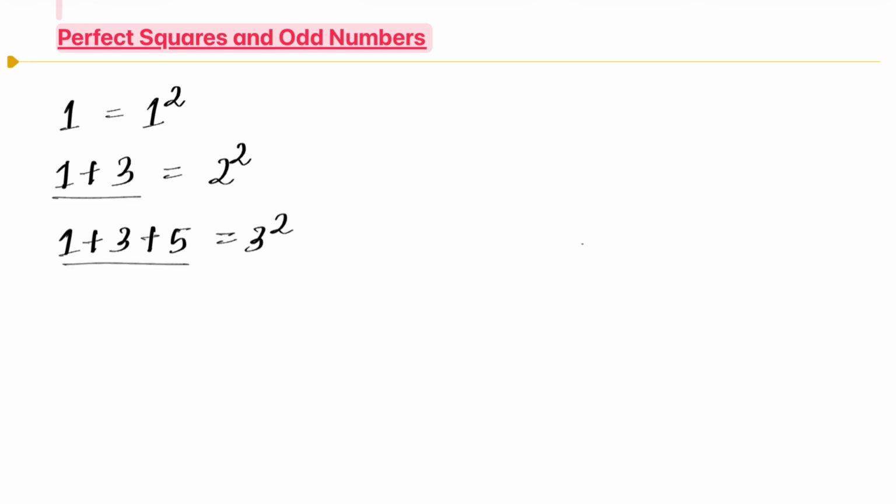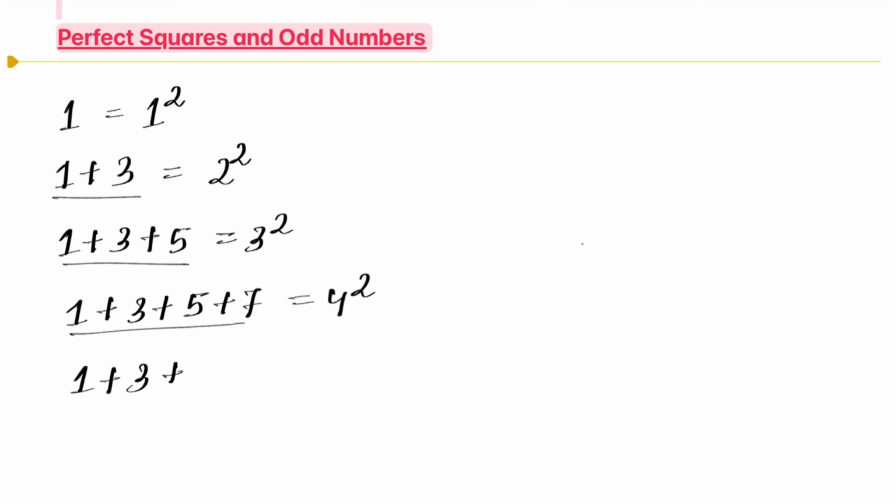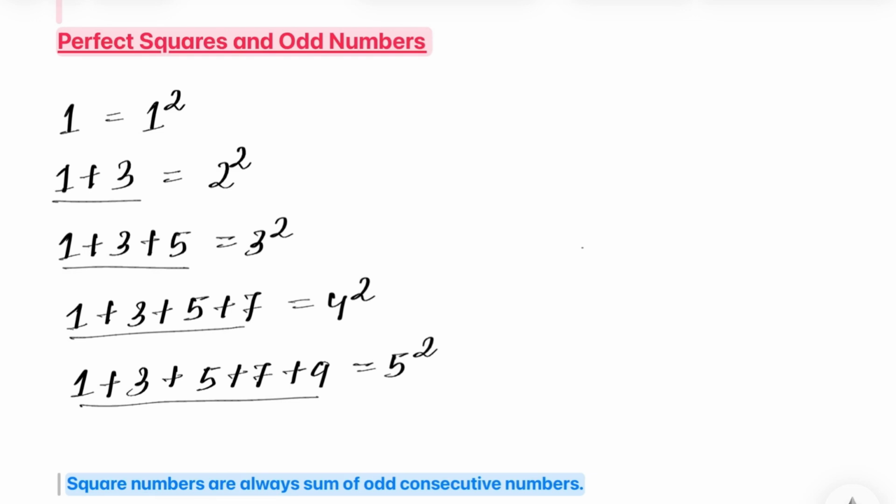Sum of first four odd numbers is 1 plus 3 plus 5 plus 7, which equals 16, and this is the same as 4 square. And sum of first five odd numbers is 25, which is 5 square. That means square numbers are always the sum of consecutive odd numbers.